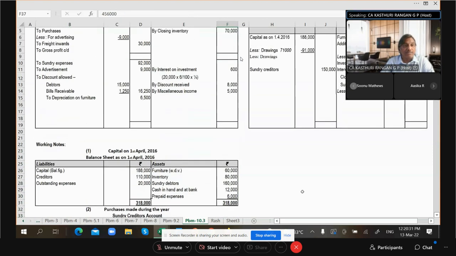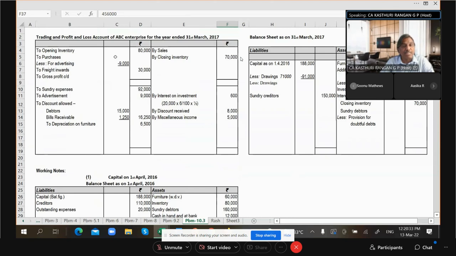That is credit purchase, but there is no information about cash purchase. Therefore, total purchase is 456 minus 9, 447. That is the actual purchase: 456 purchased, 9,000 given for advertising. Now, can you find the sales? Yes, we know the formula.